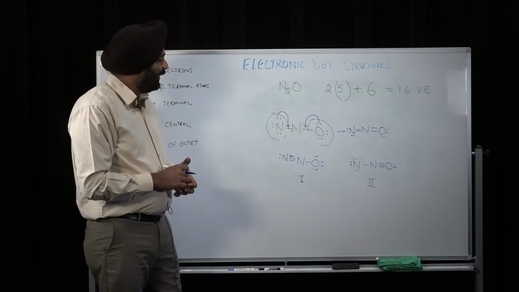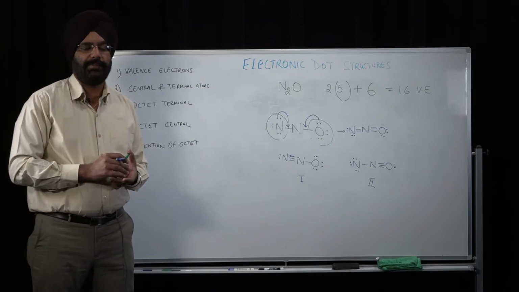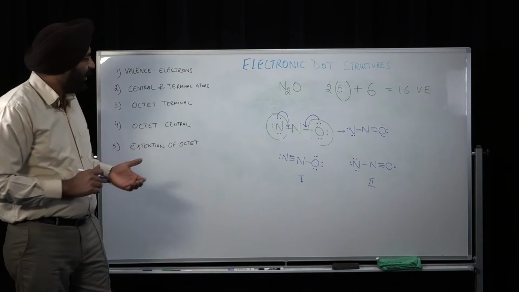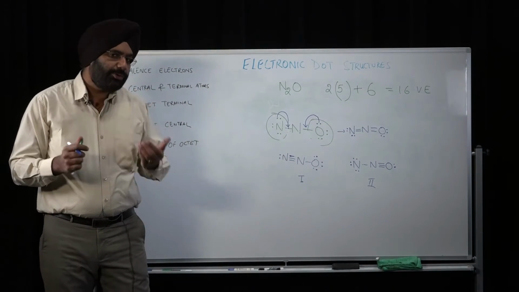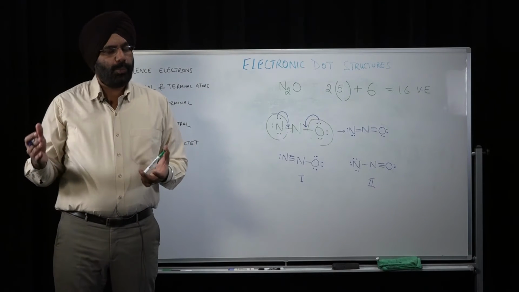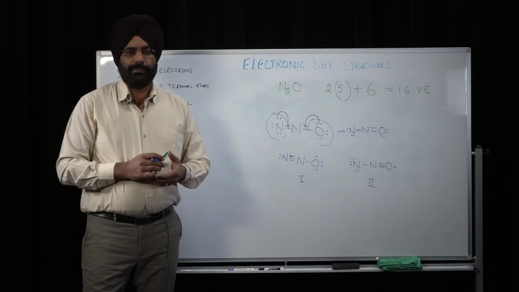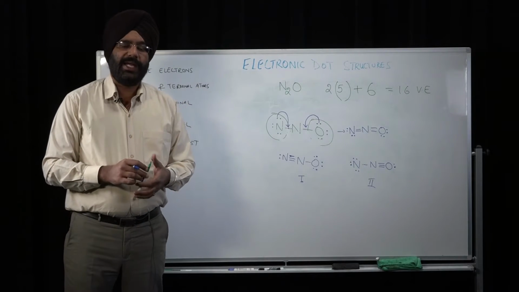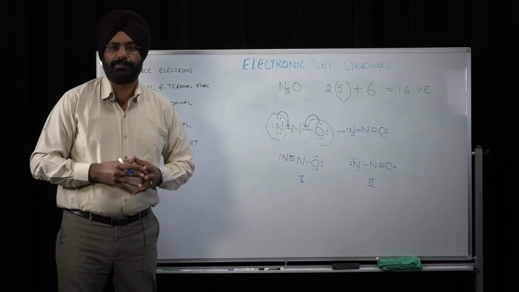So that means whatever we have discussed in this methodology, we are getting three structures which at this time look equally probable. But which is the actual structure for N2O? Which is the actual structure, and how can we find the real structure for N2O?